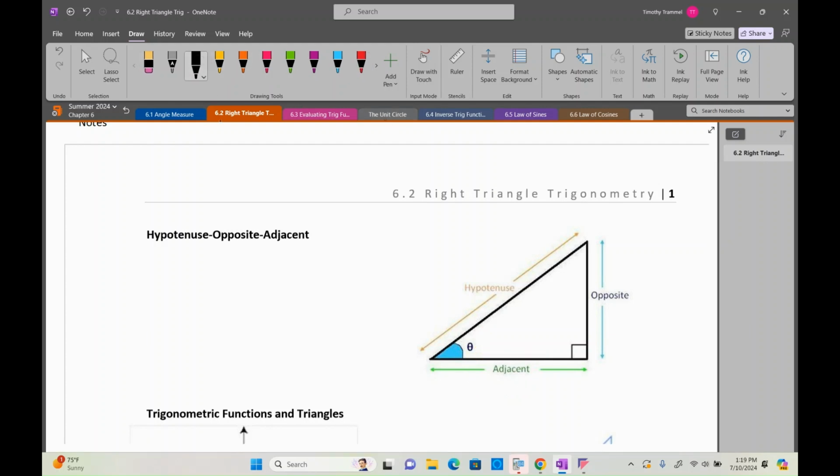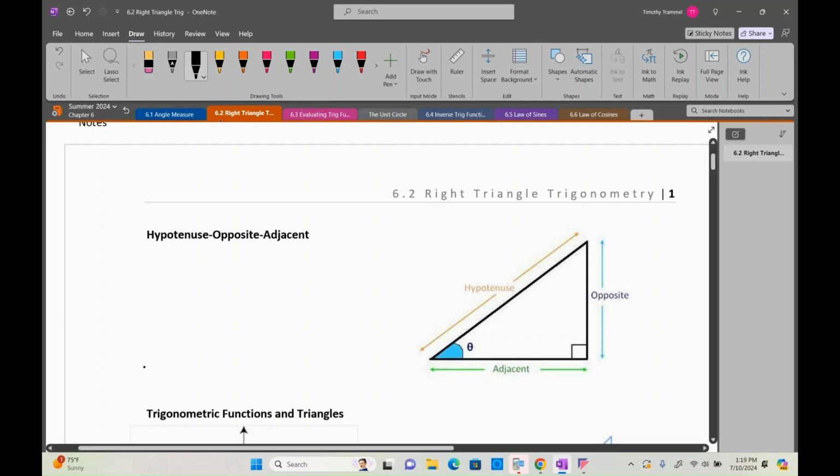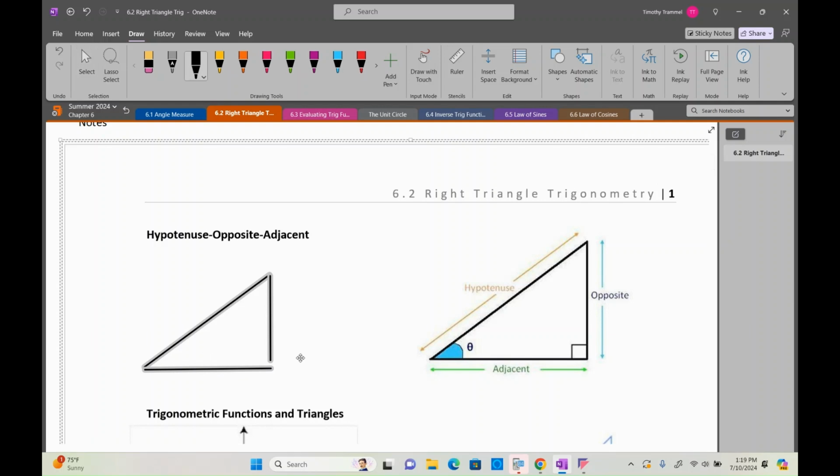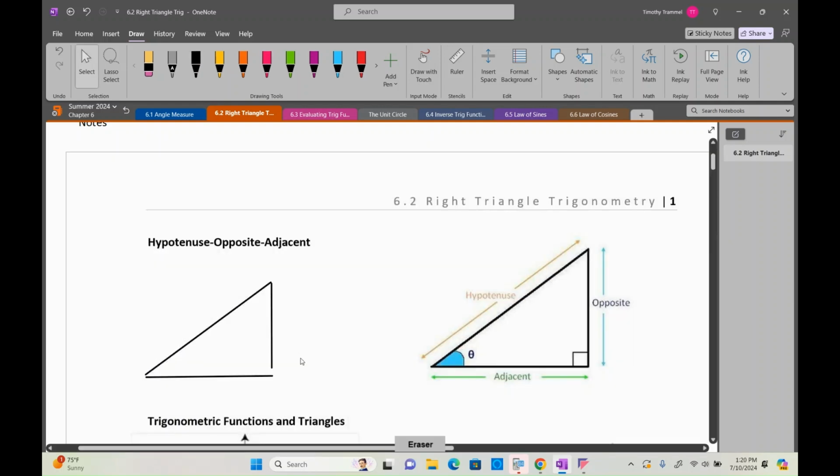And we could reorient this triangle, but we could make another triangle here just to emphasize what these definitions really are. Let me see if I can tilt that up here a little bit. All right.